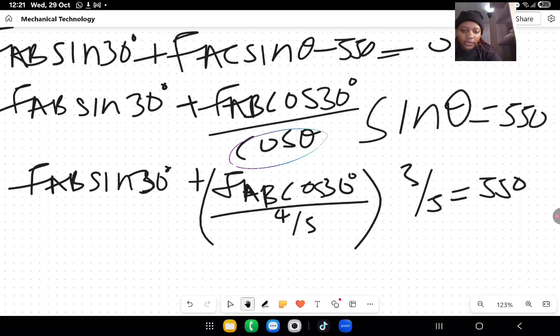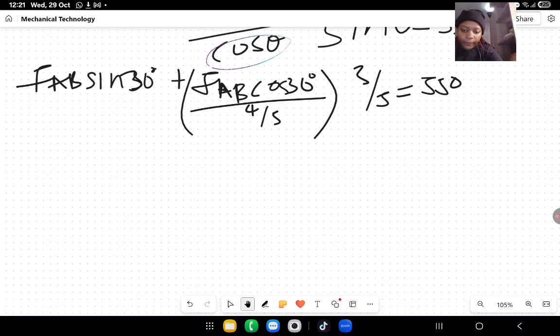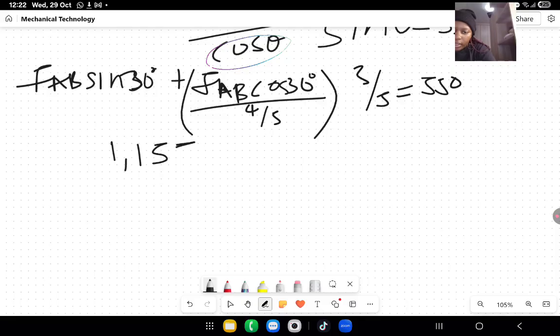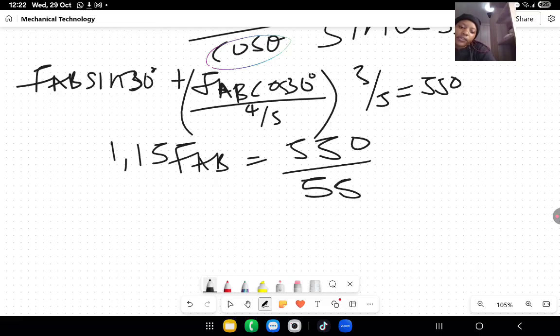So we'll be having FAB, we add them, so we'll have 1.15 FAB equals 550. We divide both sides by, not 550, sorry, my mistake, we divide by 1.15.